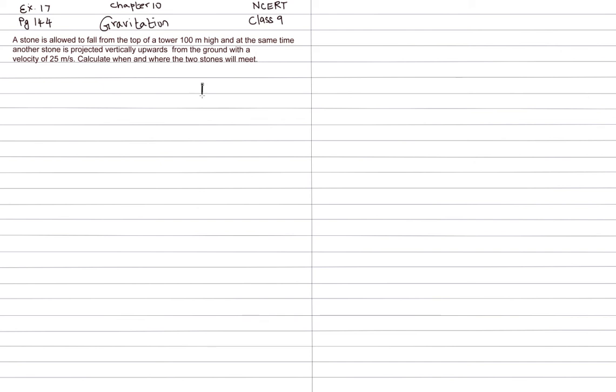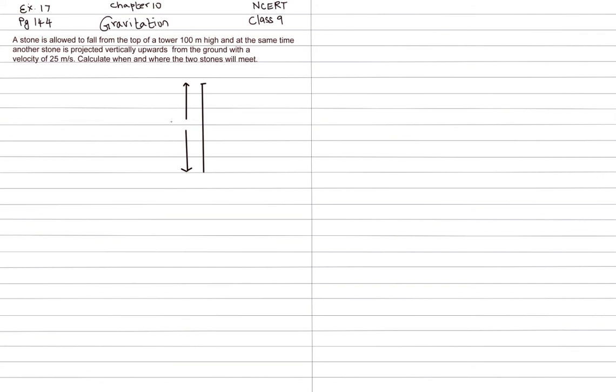So let us draw the tower. This is the ground and this is the tower. What is the height of the tower? They have given 100 meters, so let us mark it as 100 meters. This is the height.